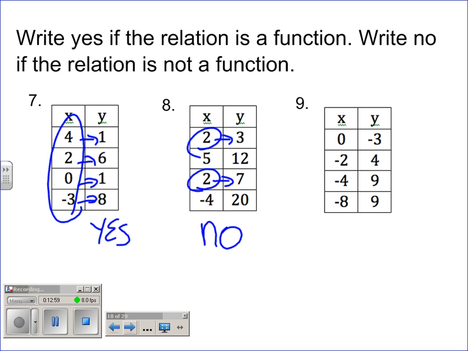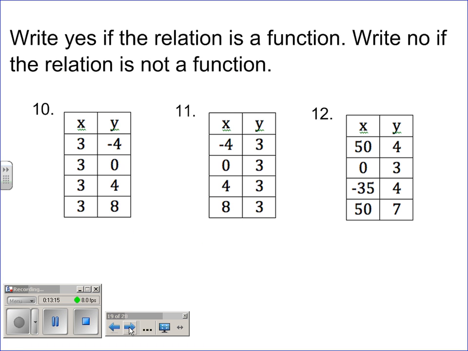Number 9, yes, this is also a function because every x value has only one y value. There's no copy of x. Number 10, we have lots of copies of x. Every x value is only allowed to have one y value, not 4 different y values. So no, this is not a function.